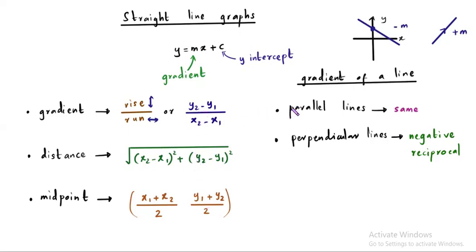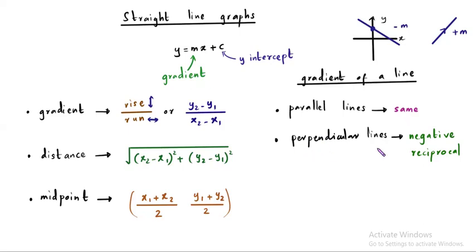The next very important thing about this topic is finding the equation of parallel and perpendicular lines. When a line's equation is already given to you, and you are supposed to find the equation of a line that is parallel to it, the parallel line will have the same gradient as the equation that is given to us.